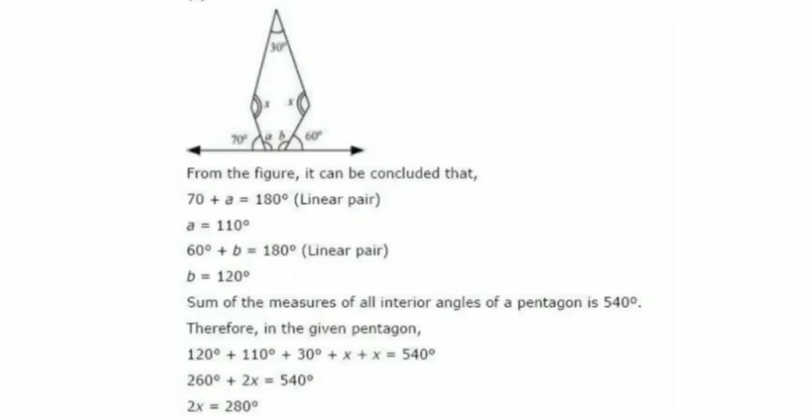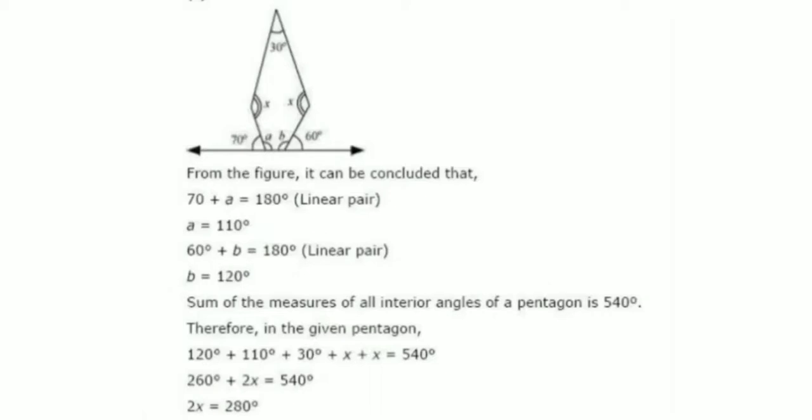So from here we can find the value of b. 60 degree plus b is equal to 180 degree. So b is equal to 180 minus 60. So b is equal to 120 degree.